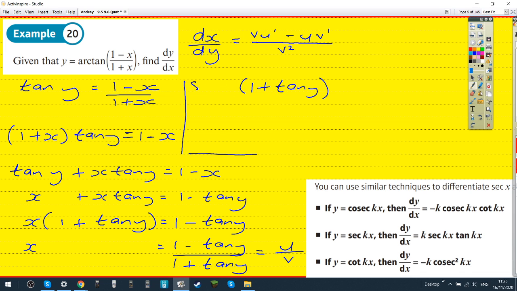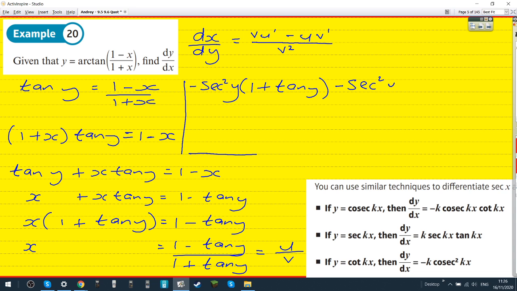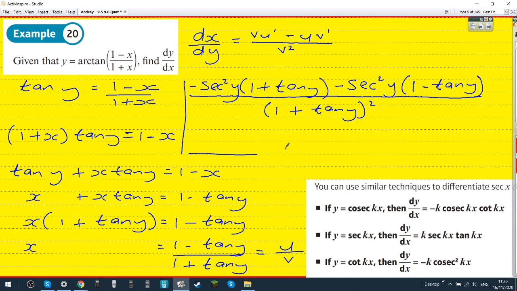Yeah, I'll do it at the front because it's times. So negative sec squared y. Yep. And then minus sec squared y times 1 minus tan y, minus tan y, over 1 plus tan y squared. What is next?